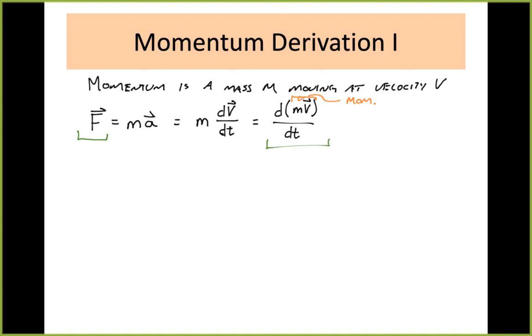So, in the example of a baseball, when I hit the baseball with the bat, I'm applying a force to it. I'm taking a bat and swinging it at a baseball. I am not changing the mass of that baseball. That m is fixed. What I am doing is changing its velocity. I'm moving it in a different direction and probably accelerating it.